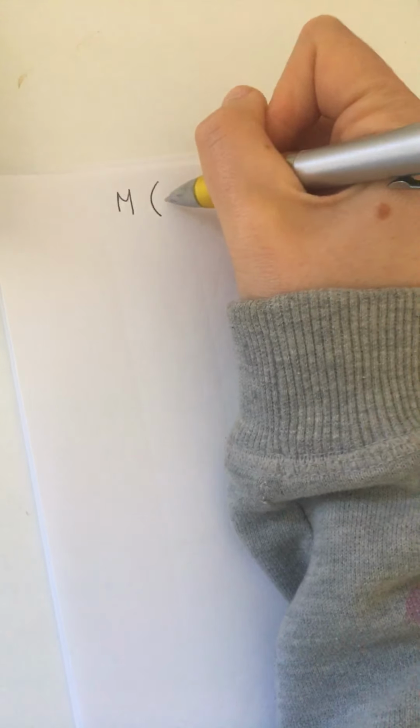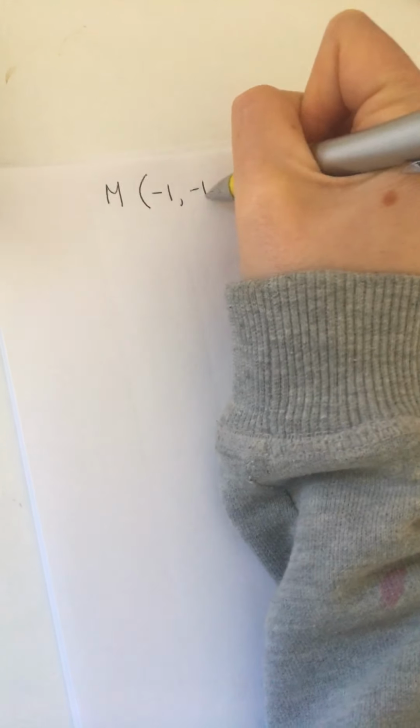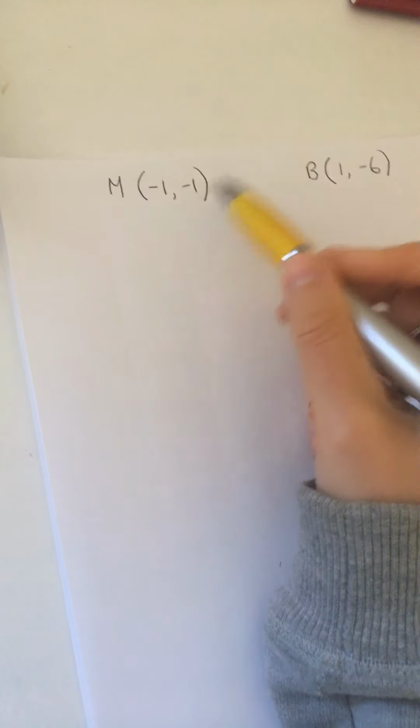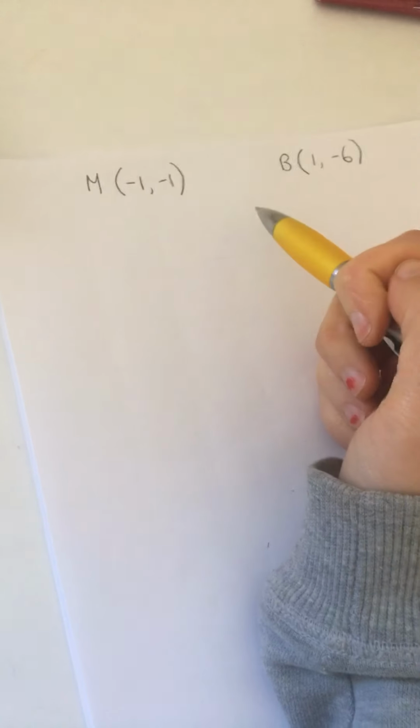Now let's get M to B. So labels again. M is minus 1, and B is 1 minus 6. Now if you write down B first and then M, it doesn't matter. Okay, it'll still all work out at the end.